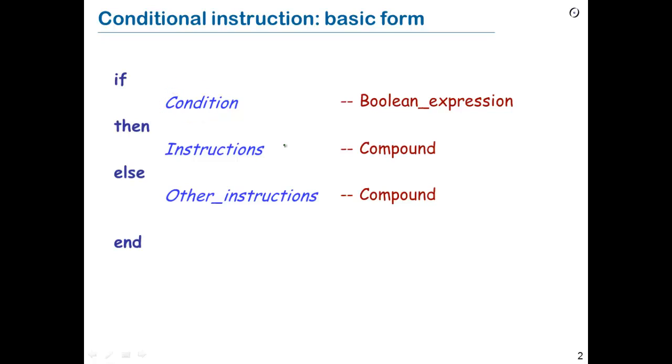The first one, if the condition evaluates to true, and the second one, if the condition evaluates to false. So the conditional instruction's execution is always equivalent to exactly one of the executions of the two compounds given.